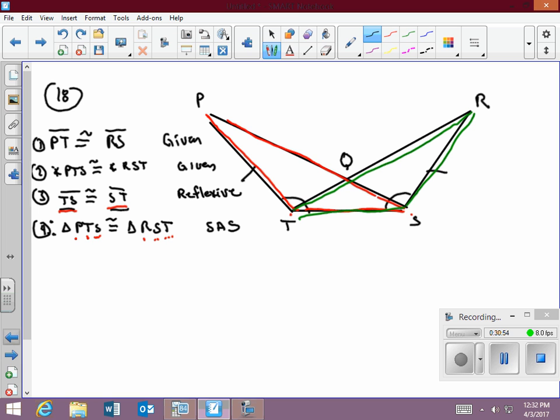It's TS is congruent to ST. And if you had triangle PTS and you had STR, that's not right. The vertices on that triangle have to match. So I'm going to be looking for all of that stuff.